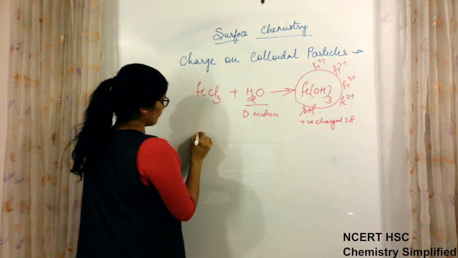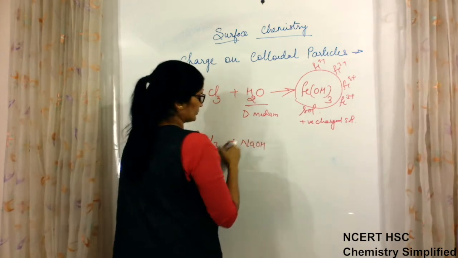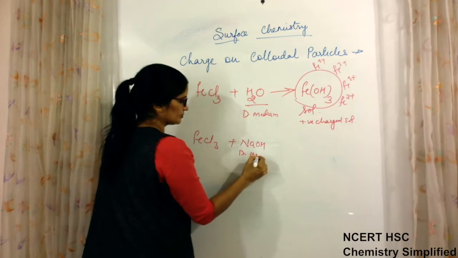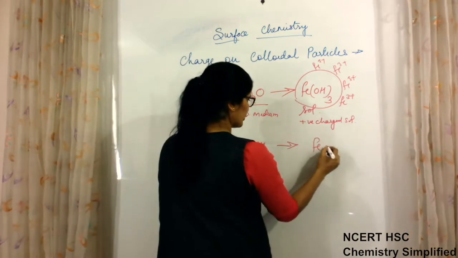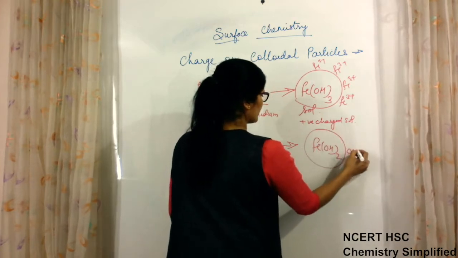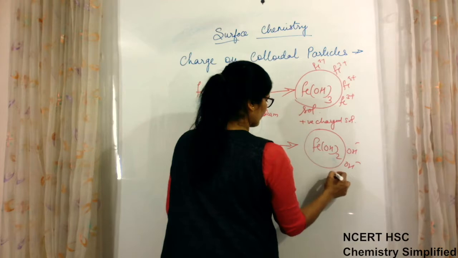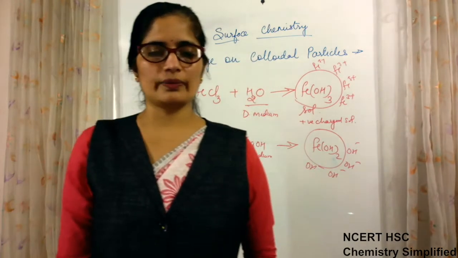Okay, if FeCl3 is dissolved in NaOH as a dispersion medium, then in that case ferric hydroxide is formed, but the ions which are adsorbed on the surface are OH negative, and this becomes a negatively charged sol.